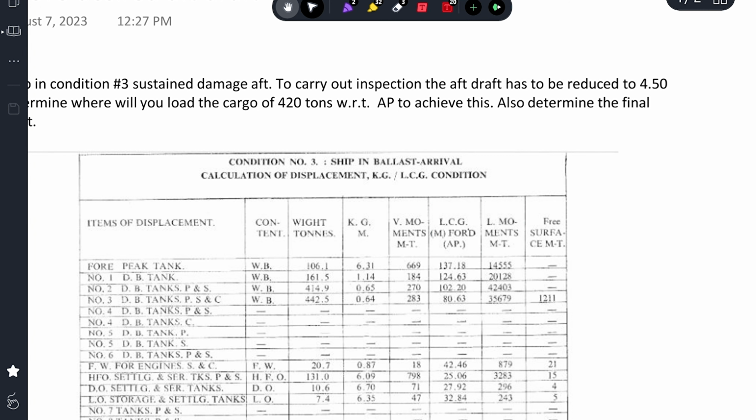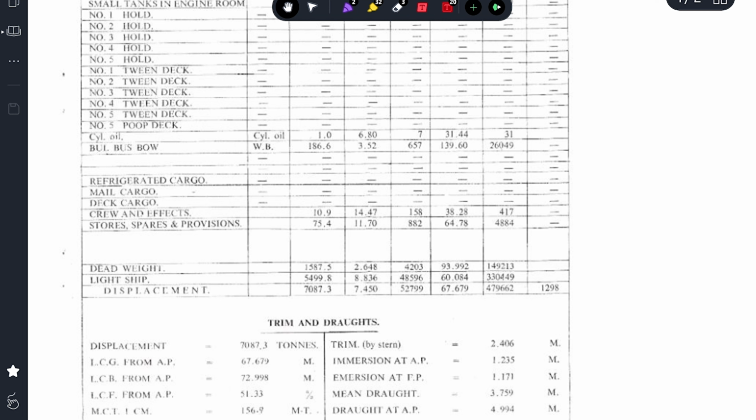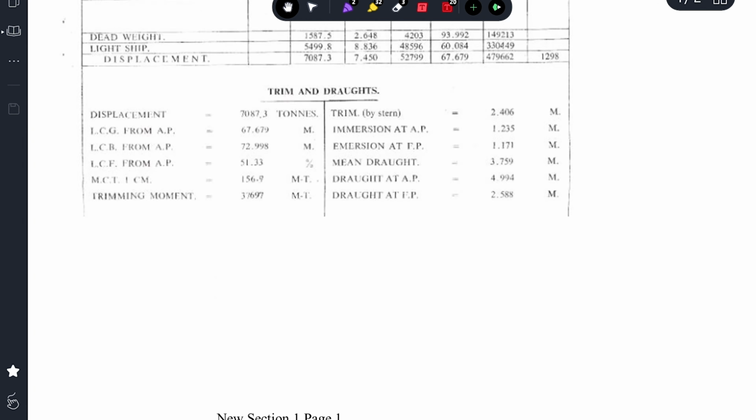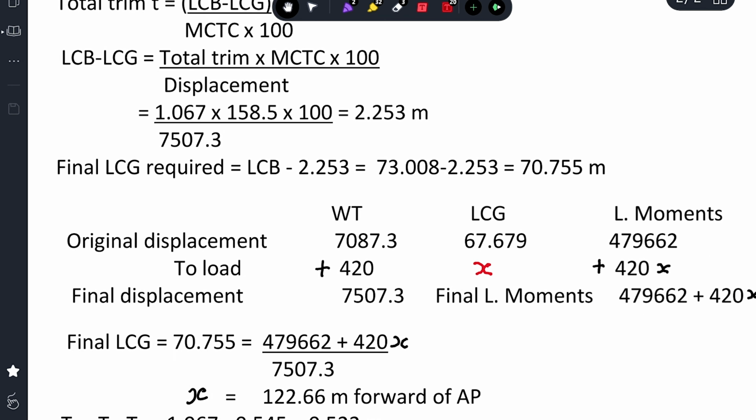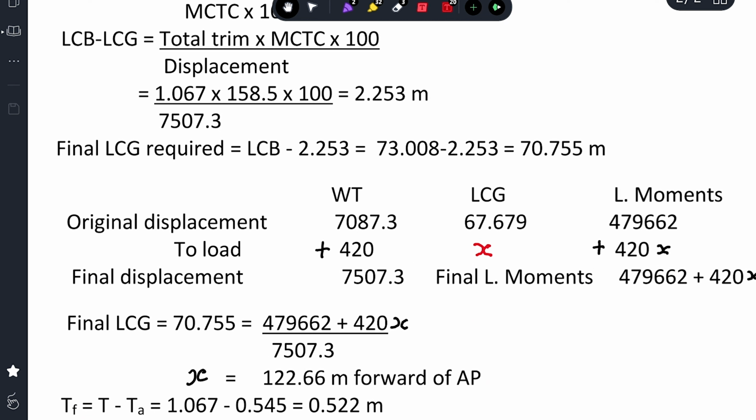Okay, so if I come down, I get here 67.679 as LCG, and longitudinal moments is 479662, and initial displacement is 7087.3. So this LCG and the longitudinal moments for the initial condition must be taken from the condition given in the booklet without making any change there.